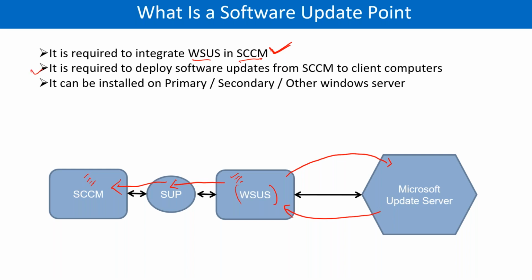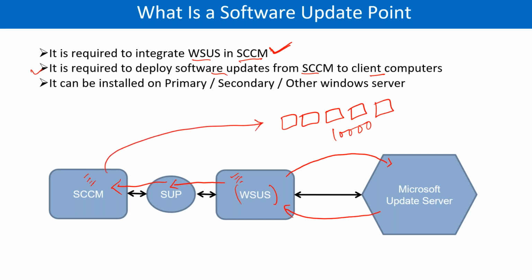Point number 2 is it is required to deploy software updates from SCCM to client machines. So those 10,000 machines what we have, let's say we have those 10,000 or 20,000 or 50,000 machines, we can deploy updates from SCCM. Whatever the updates we have, we can install those updates on these 10,000 machines.